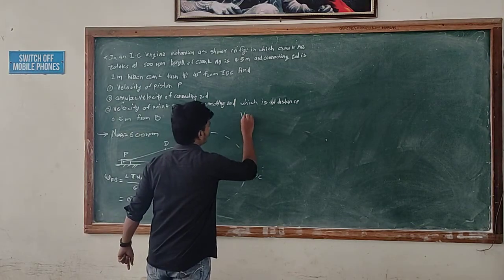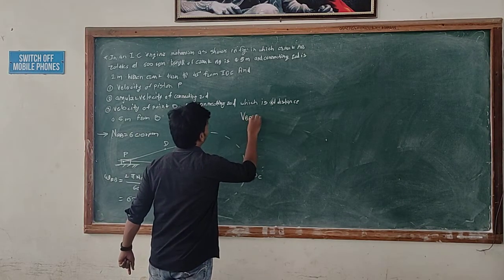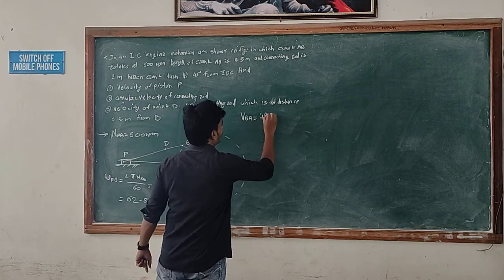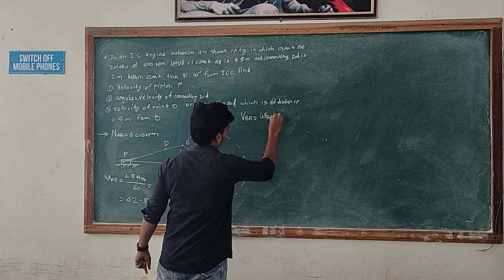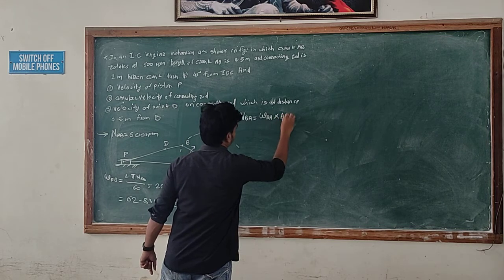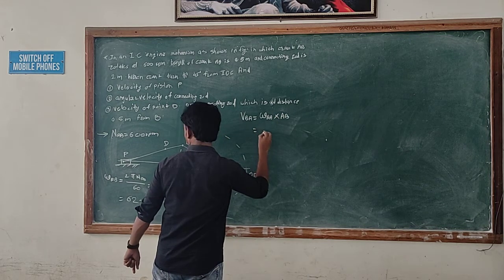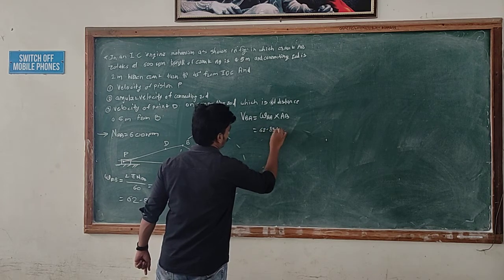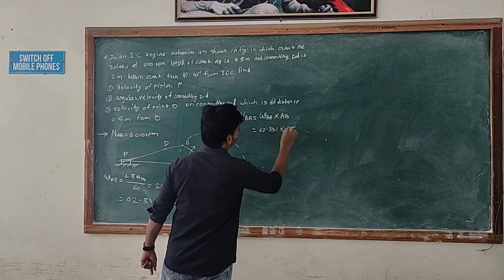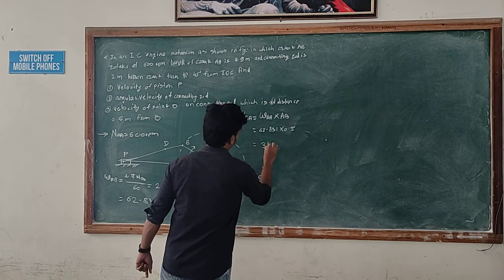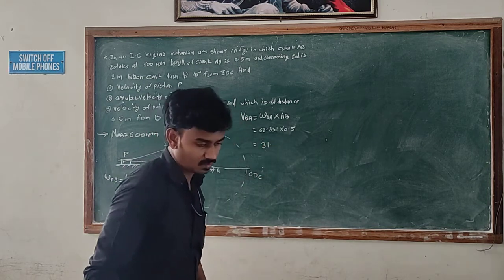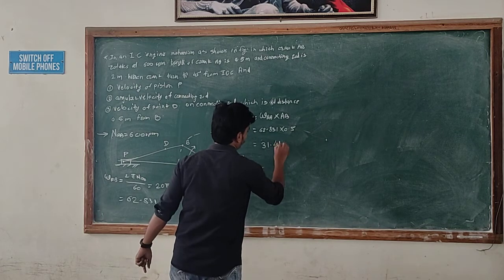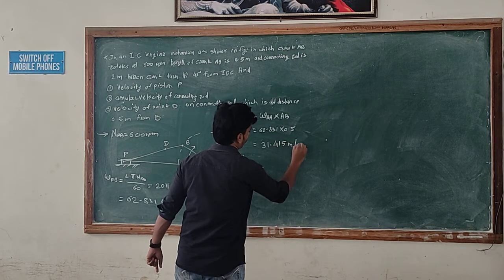Now convert this angular velocity into linear velocity. So the linear velocity of the point B with respect to A is equal to omega of AB into the distance AB. Here it is 62.831 into 0.5, which is equal to 31.415 meter per second.